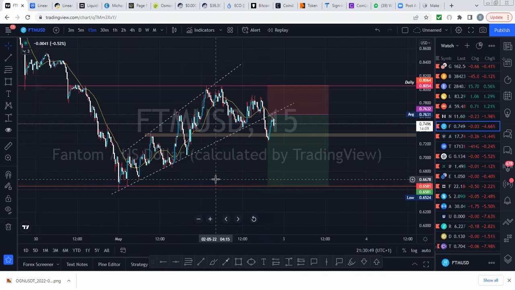So you can use Fibonacci to do what? To track retracement moves. To track what? Retracement move. Are you with me?